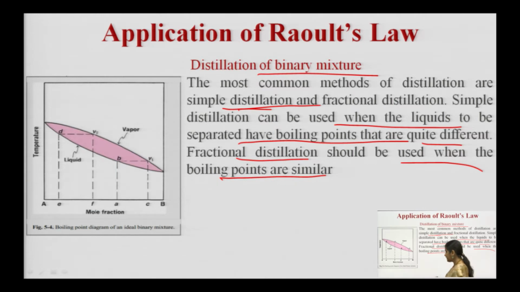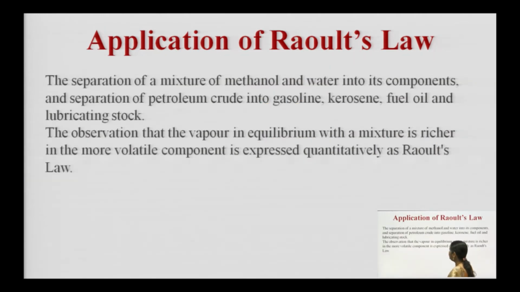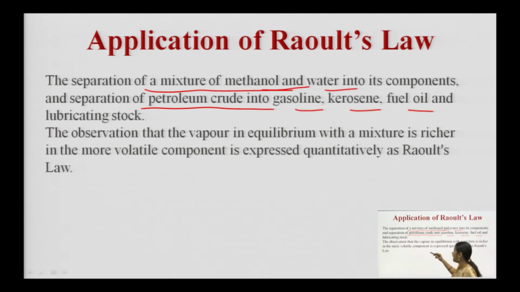Now, we will start with this graph. Before explaining the graph, we will go through some examples of liquid mixtures which can be separated by the simple distillation method. One is methanol and water, then separation of crude oil into gasoline, kerosene, fuel oil and lubricating stocks.